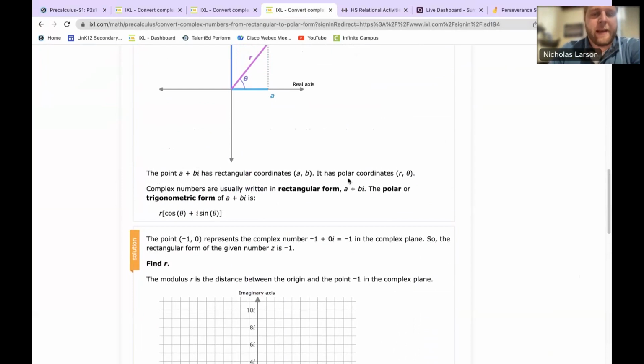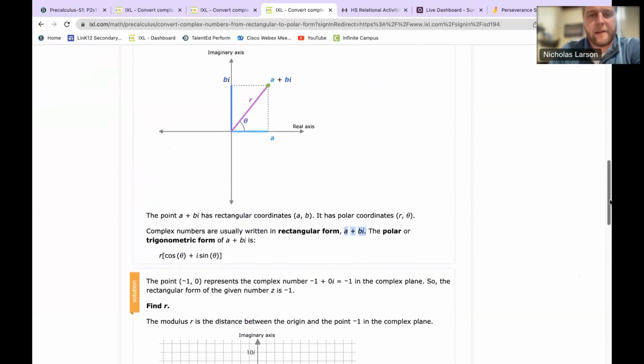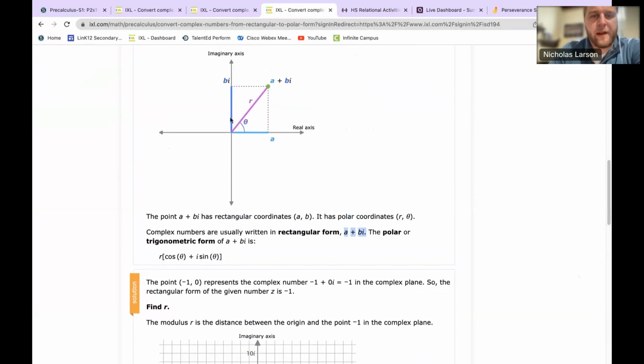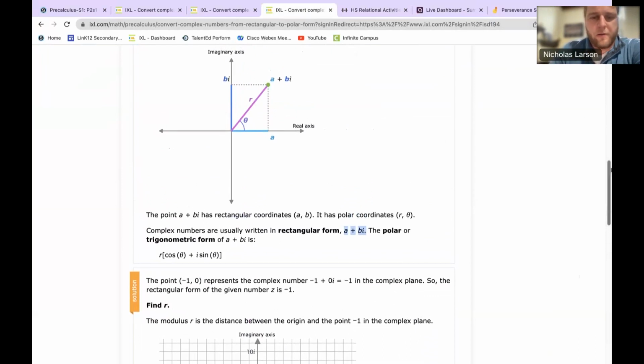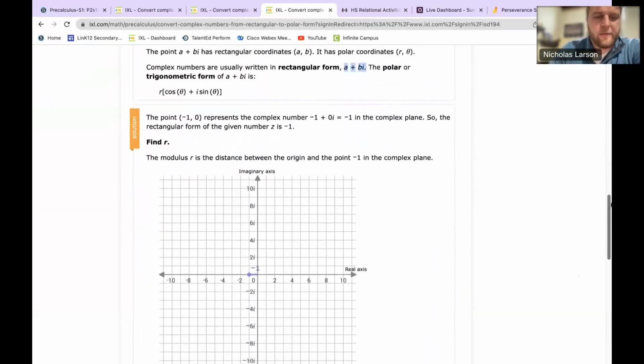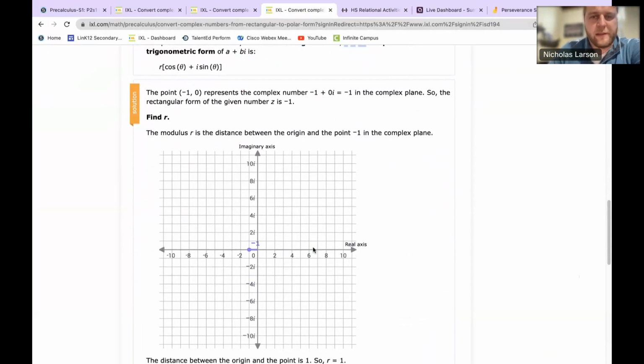The rectangular form is in the form of A plus BI, where A is your real and BI is your imaginary. And then where they meet would become R. This one is relatively easy because it doesn't go into the imaginary axis. It just goes to -1.